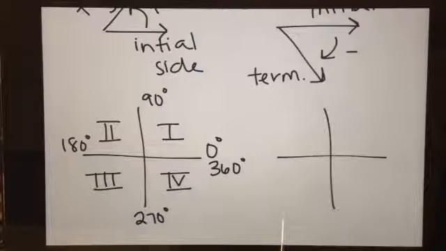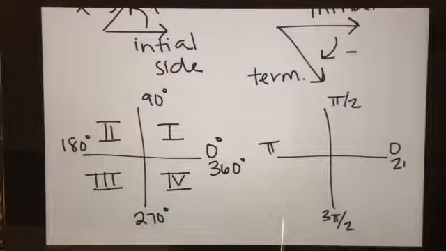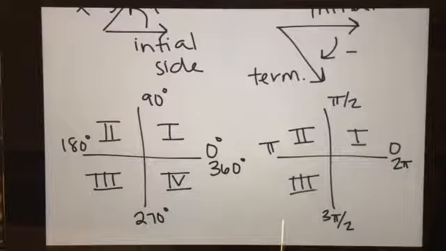Or if you're talking about radians, this would be 0 radians, pi halves radians, pi radians, 3 pi halves radians, and 2 pi radians for a complete circle. And again, we have quadrant 1, quadrant 2, quadrant 3, and quadrant 4.